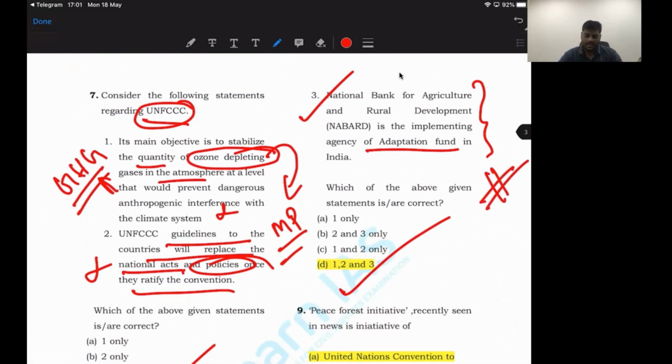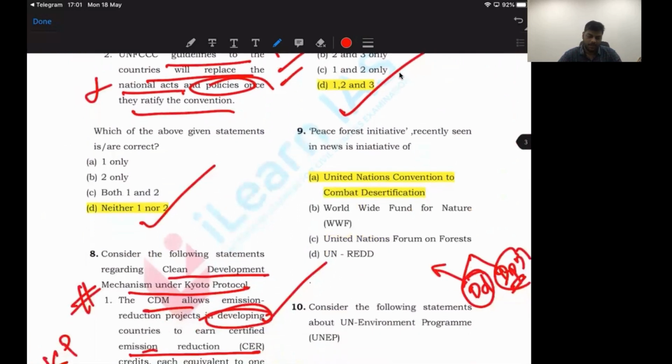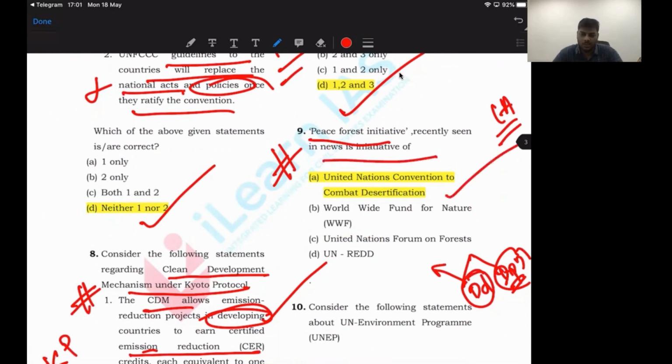Getting it? The ninth one is also another important one. Ninth one, a current affair, an important current affair. Peace Forest Initiative, recently seen in the news, is the initiative of UNCCD. Why was this Peace Forest Initiative in the news?